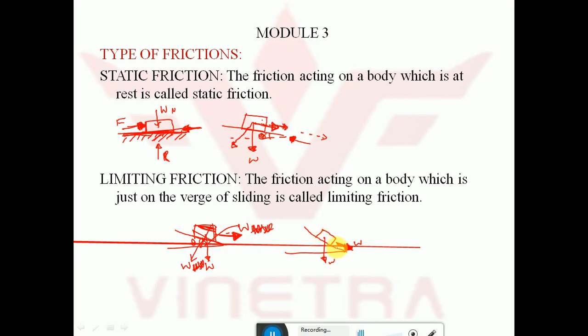So up to some angle theta, the body will remain in a static condition. If we increase the angle by even a small amount, the body will start to move in this direction. That is the limiting friction.